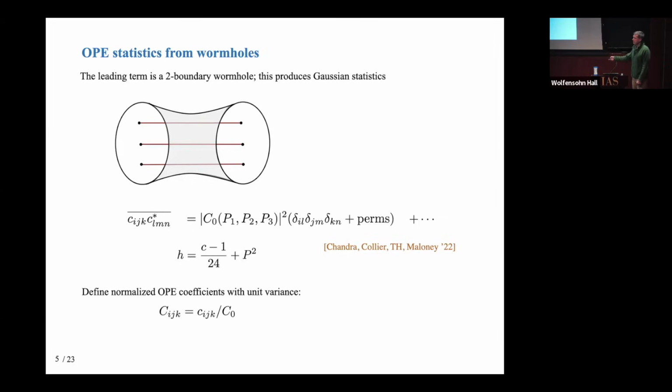You could do this calculation in 3D gravity, and the result is a function that actually was already known from the conformal bootstrap, called C0. The details of C0 won't be necessary, but it's closely related to the geodesic structure constants, and it's a known function of the conformal weights.